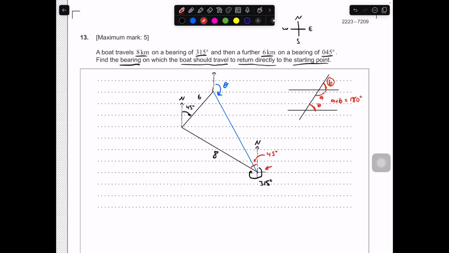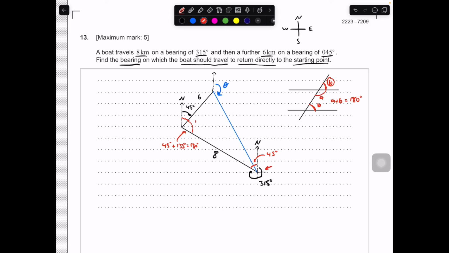Okay, 45 degrees, and we know that this right here has to complete this. So this 45 degrees plus 45 degrees plus what gives us 180. If they have to sum, this would be 135 degrees.